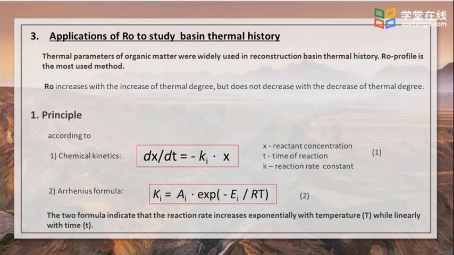The temperature here is more important than time, and the principle of the RO profile is that according to the chemical reaction. So the thermal parameters of organic matter are widely used in reconstructing basin thermal history, and the RO profile is the most used method.